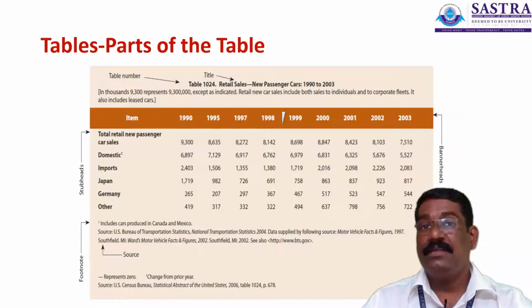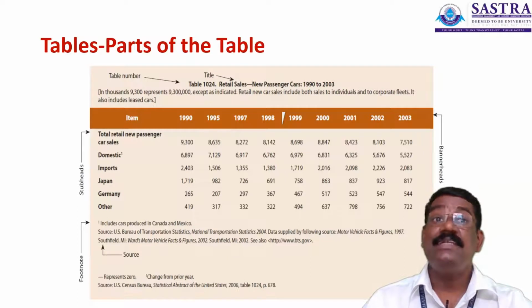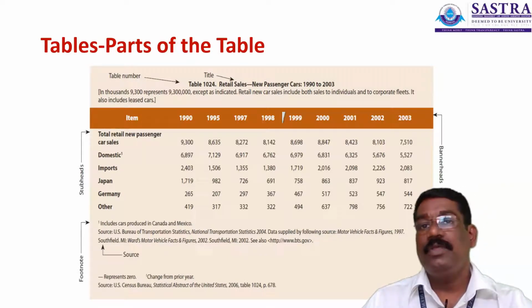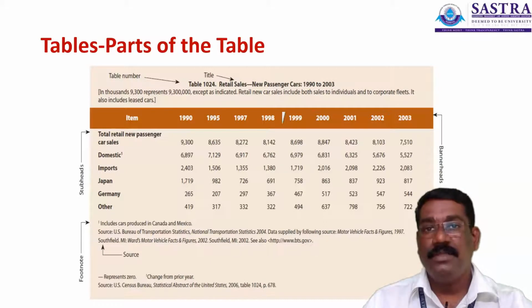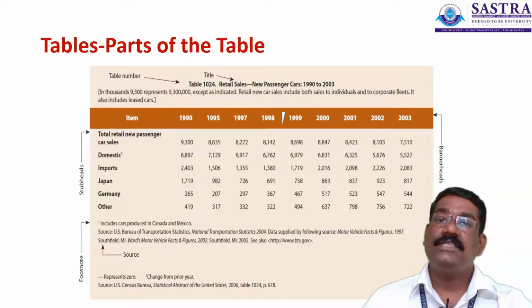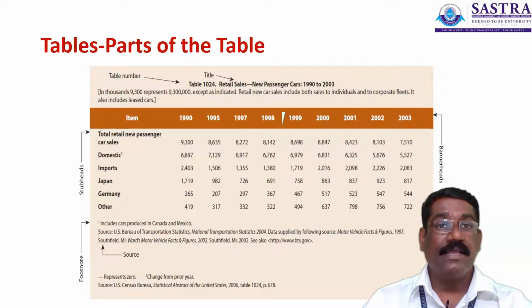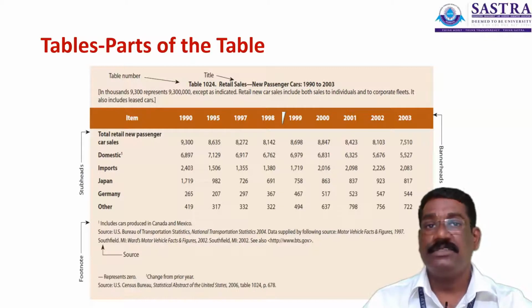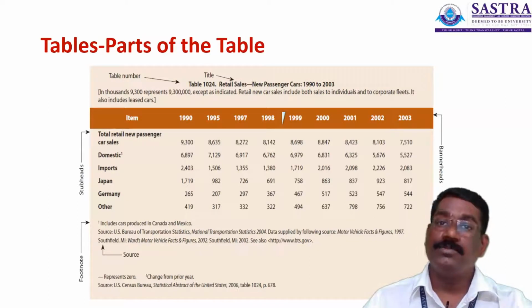The title should indicate the contents of the table and be complete enough to be intelligible without referring to the text. Subheads and banner heads: the subheads contain the captions for the rows of the table, and the banner heads contain those for the columns.